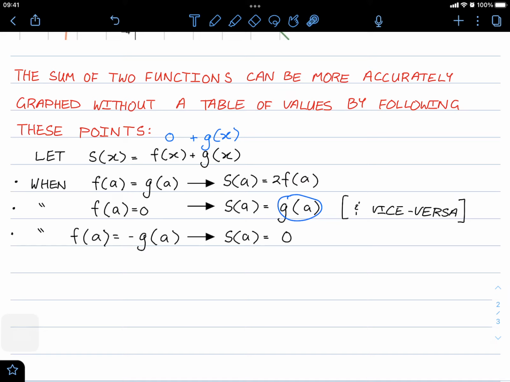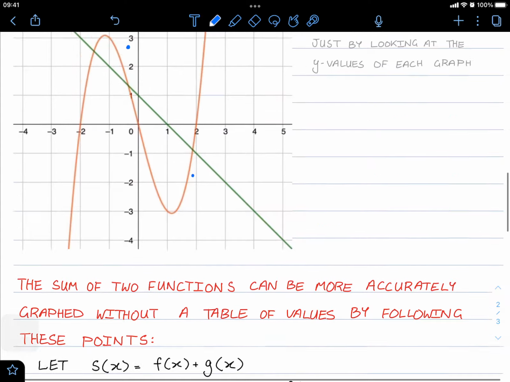And vice versa, if g were 0, and we were to add any function value of x, that would just be f of x. So in essence, when we have an x-intercept in one of the values, we are simply going to plot the point on the other. I'll demonstrate to you what I mean here.